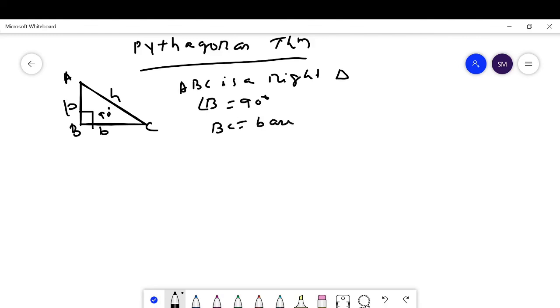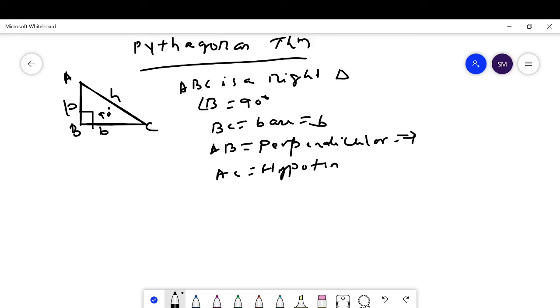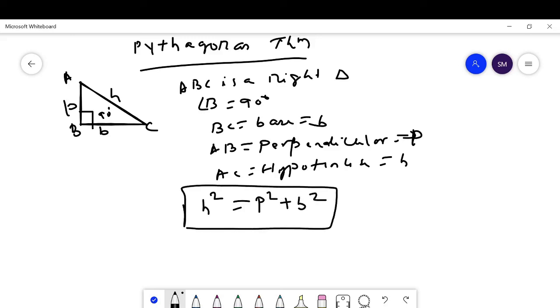BC is equal to base B, AB is equal to perpendicular P, and AC is equal to hypotenuse H. Then the Pythagoras theorem says H square is equal to P square plus B square.